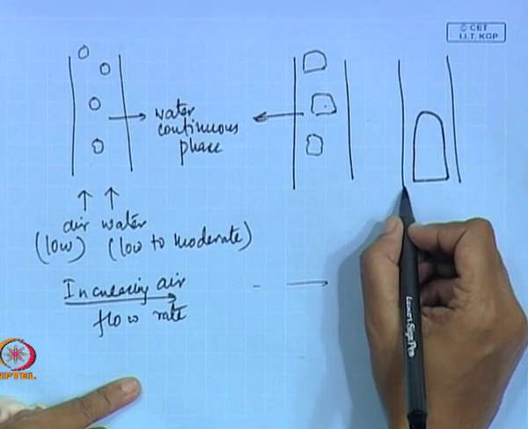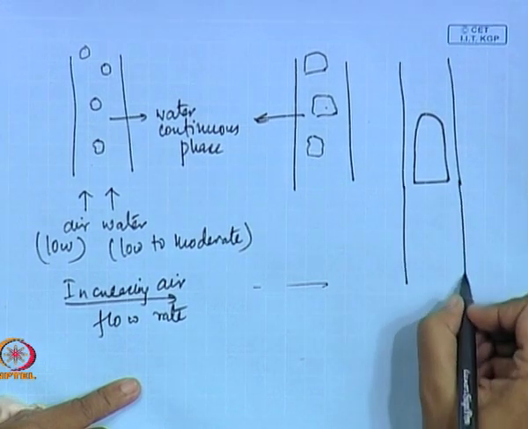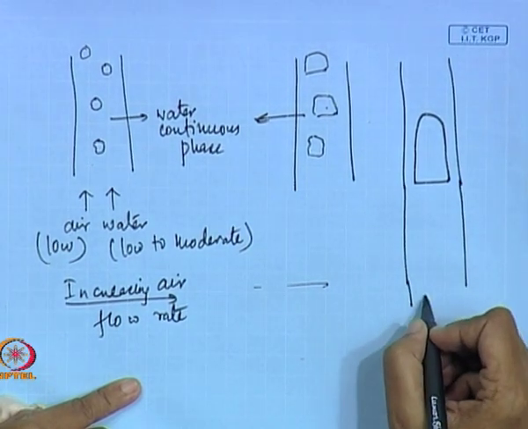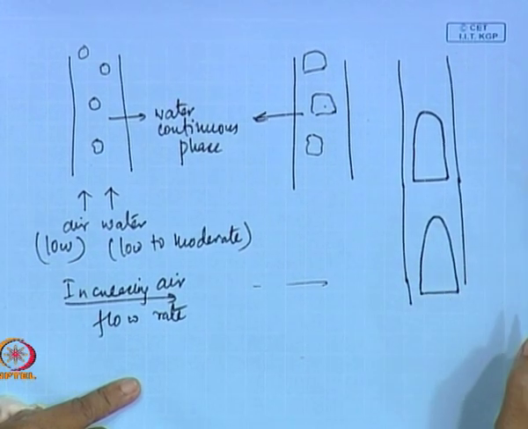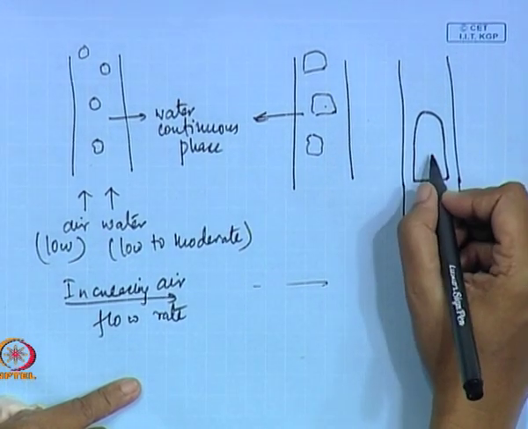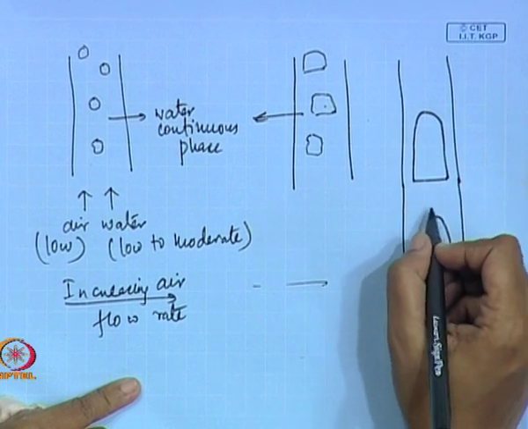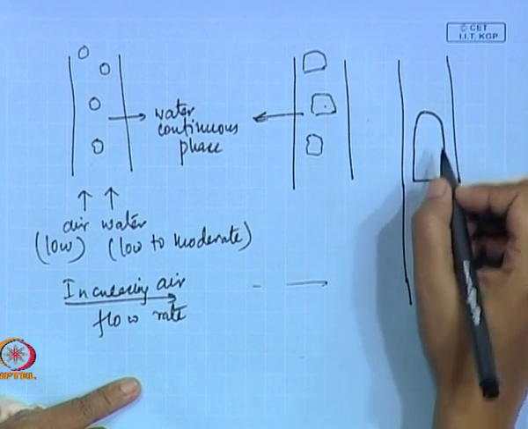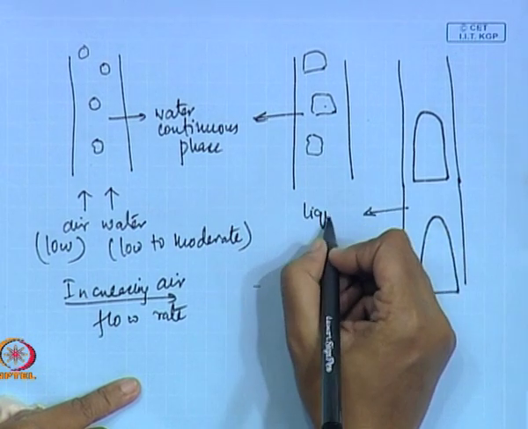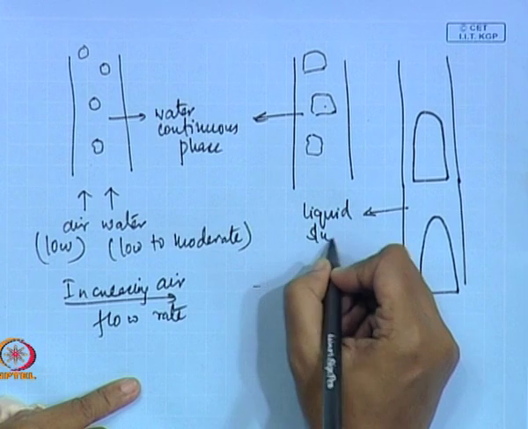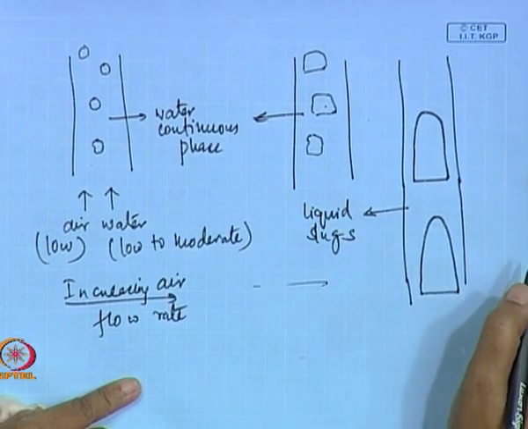Whenever we have this, the flow pattern is characterized by such elongated bubbles translating uniformly through the liquid phase, and in between these bubbles we have liquid masses, which are usually known as liquid slugs.